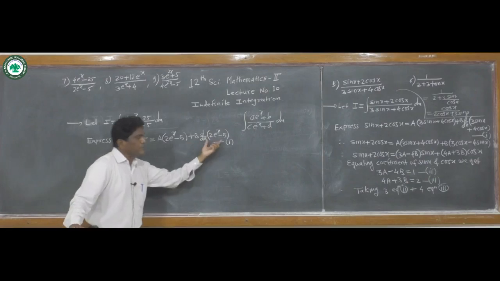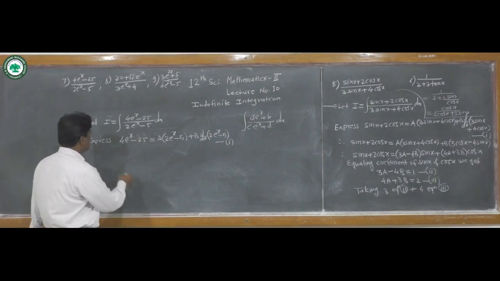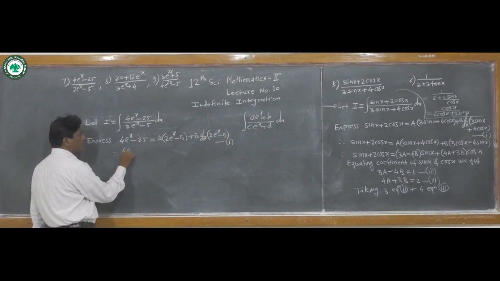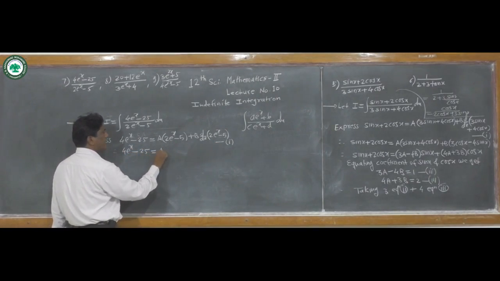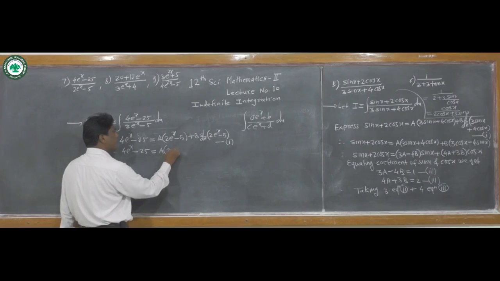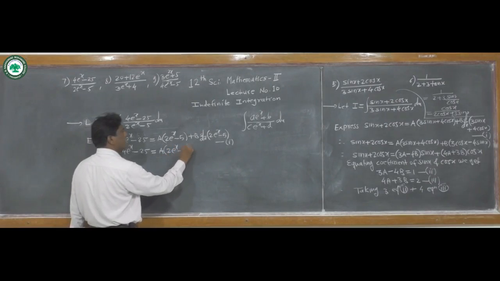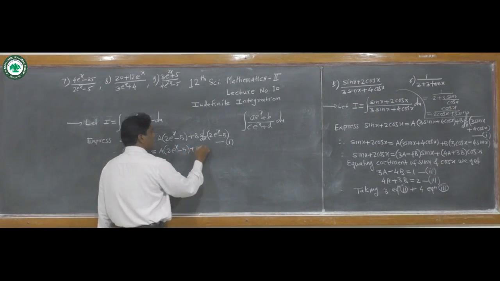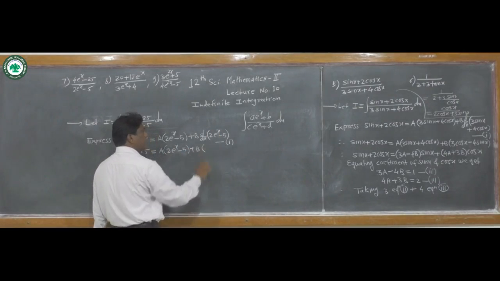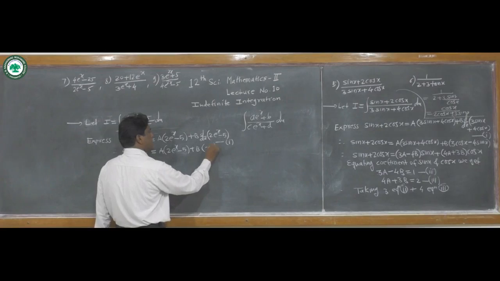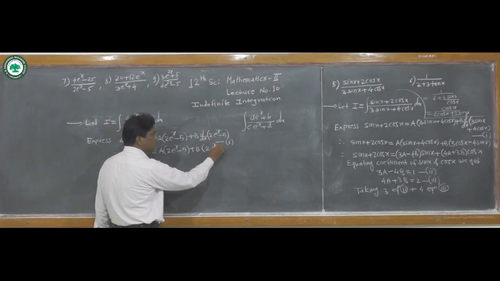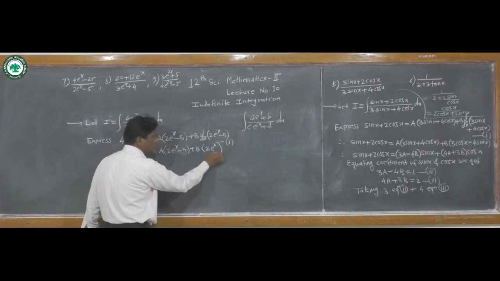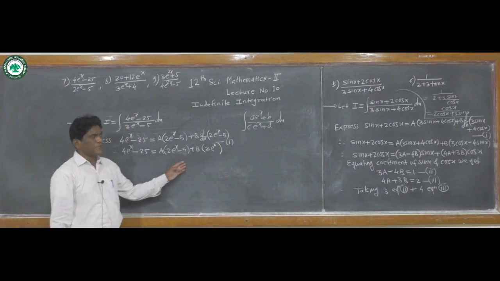Now take the derivative of this bracket. So we get 4 into e to the power x minus 25 is equal to a into 2e to the power x minus 5 plus b. Now take the derivative of 2 into e to the power x. 2 is constant, the derivative of e to the power x is e to the power x, and the derivative of minus 5 is 0, so there is no need to write the 0. So we get the derivative like this.